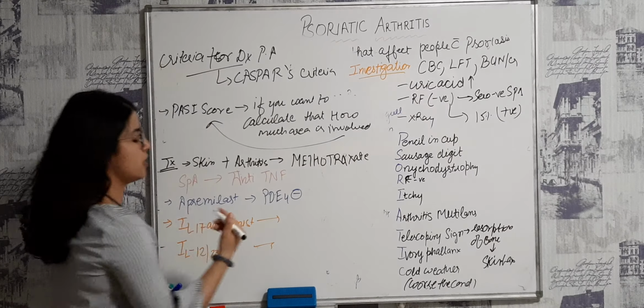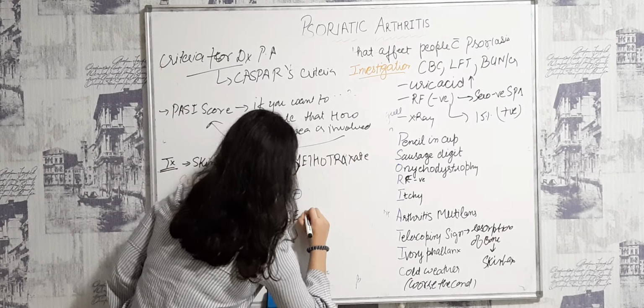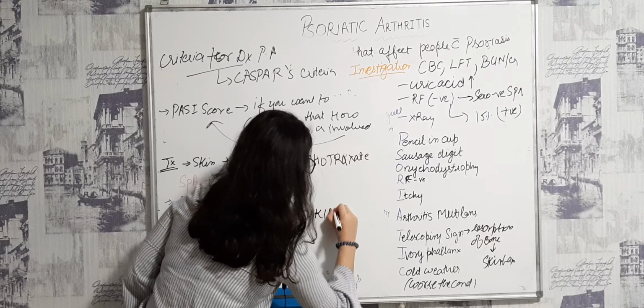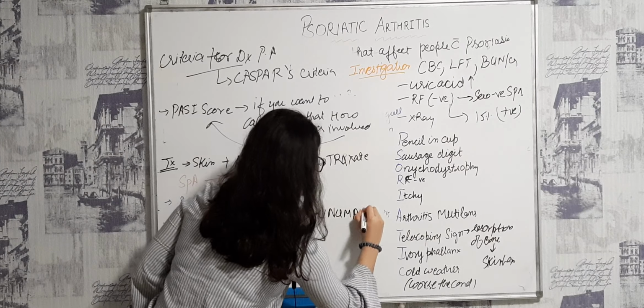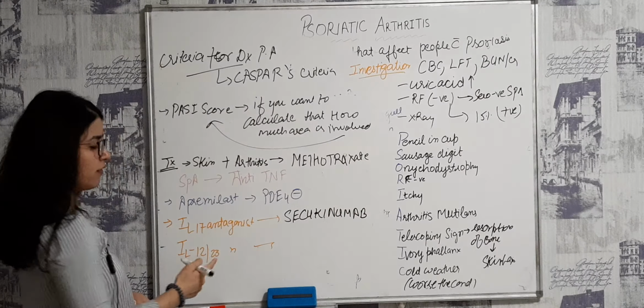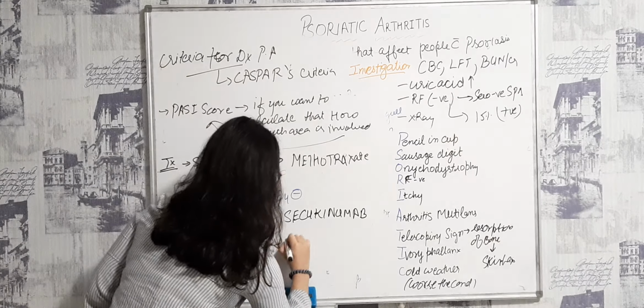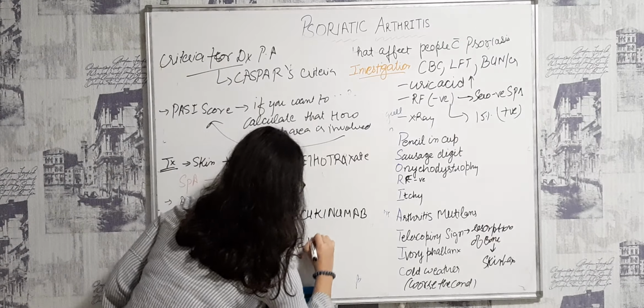Interleukin 17 antagonists are secukinumab, and interleukin 12 and 23 antagonists are ustekinumab.